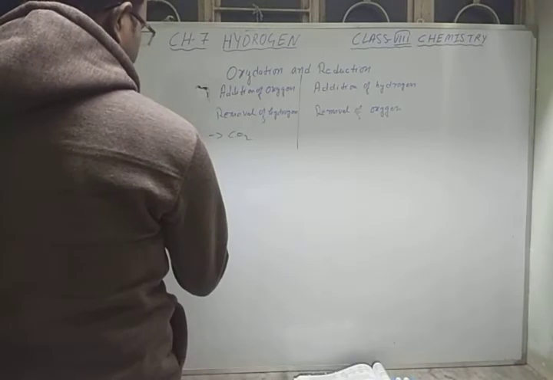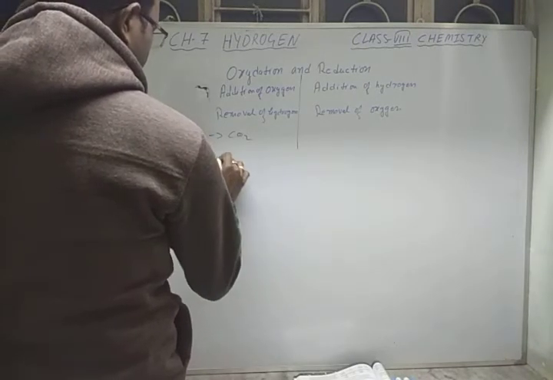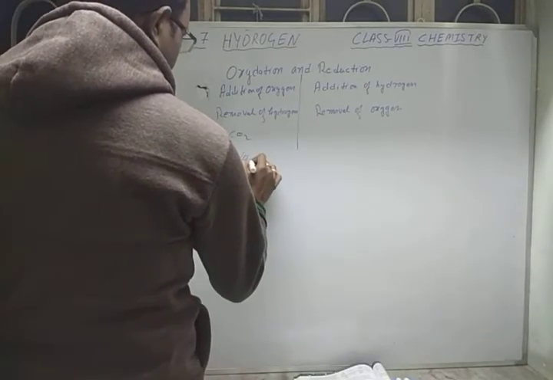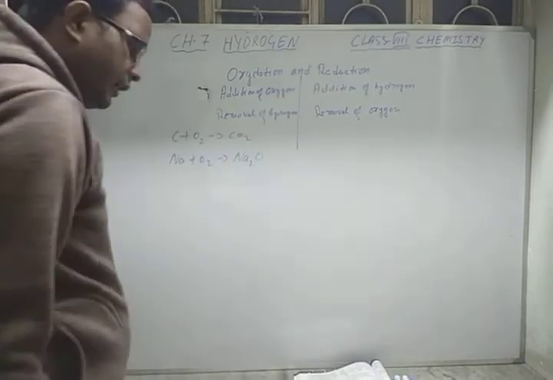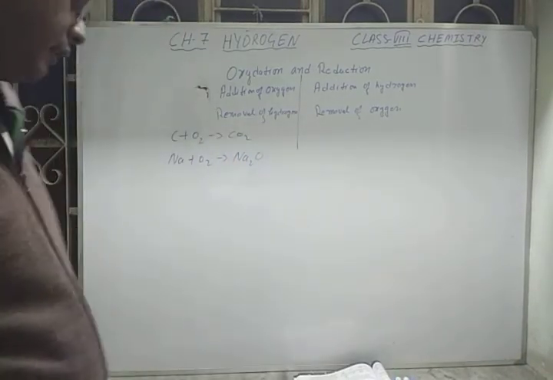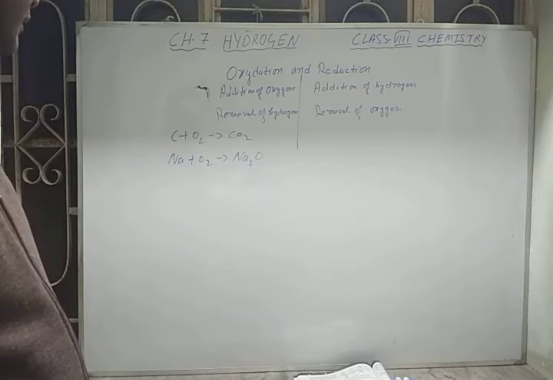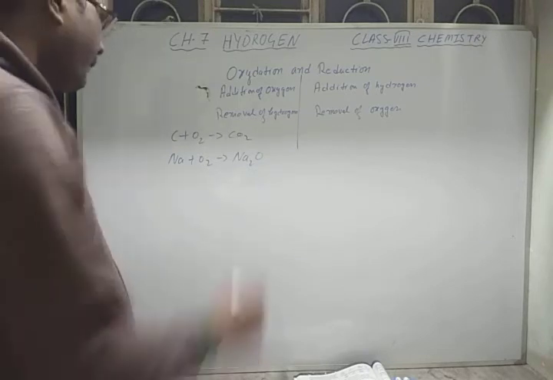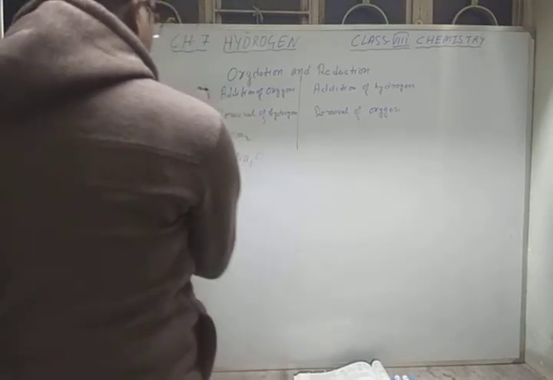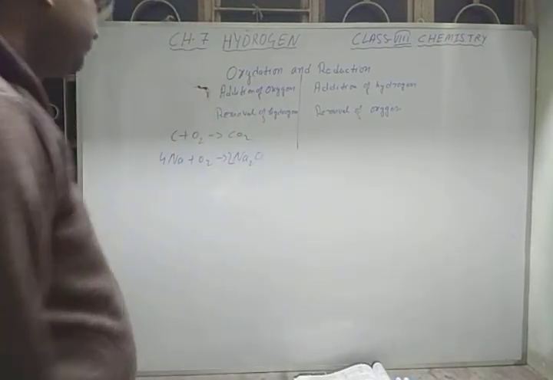Suppose sodium Na plus O2 gives Na2O, sodium oxide, which is another example of an oxidation reaction. When you balance them, you can balance it also.